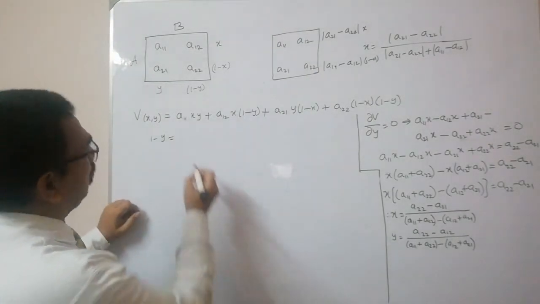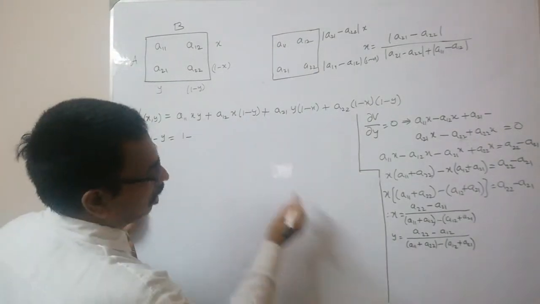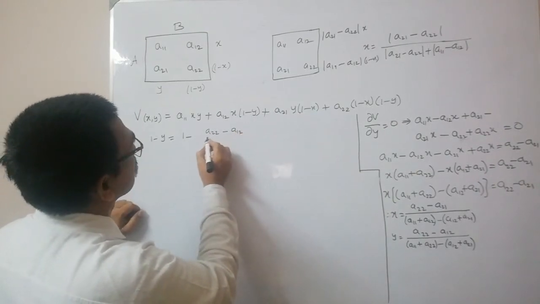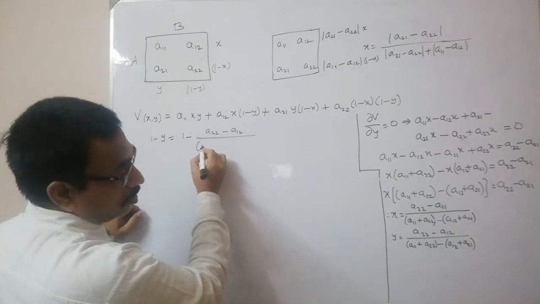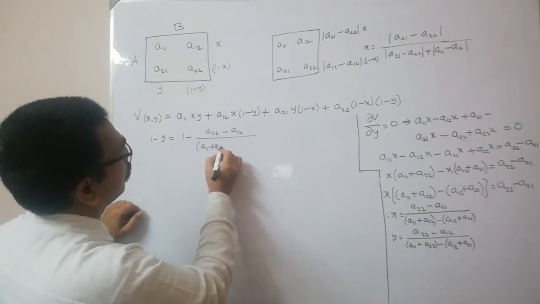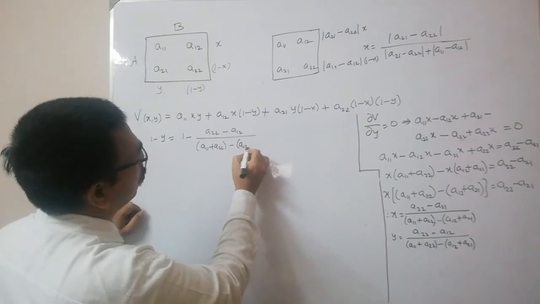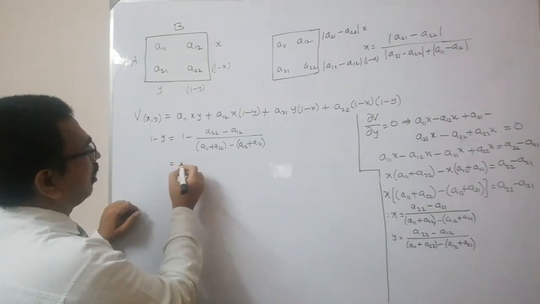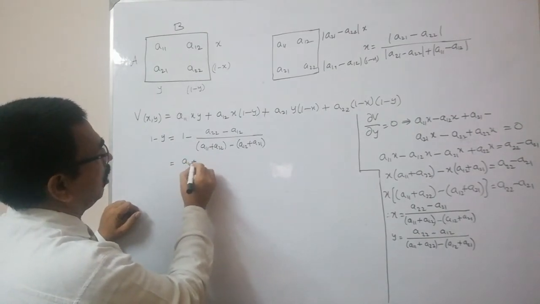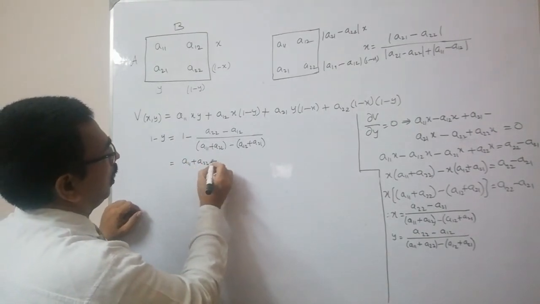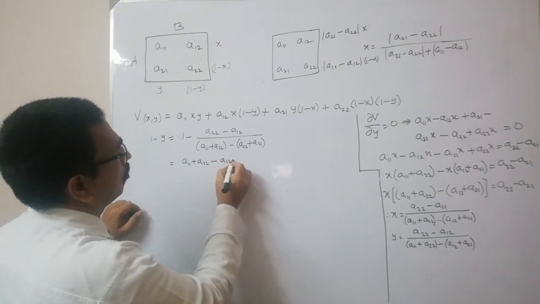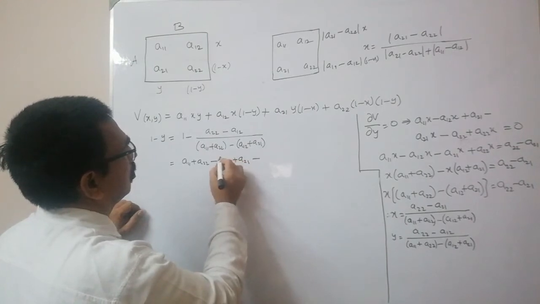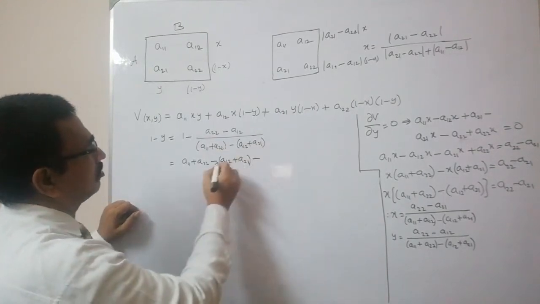So 1 minus y is (A22 minus A12) by (A11 plus A22 minus A12 plus A21). This we can write like A11 plus A22 minus A12 minus A21, or let it be as such.